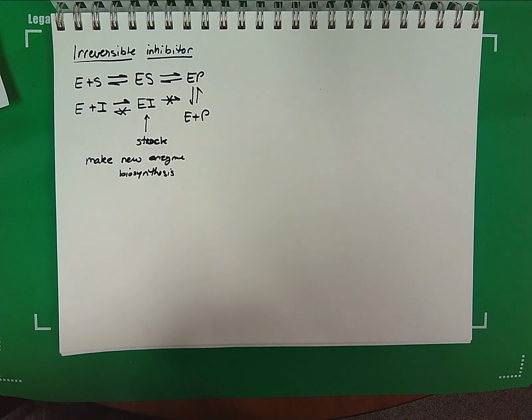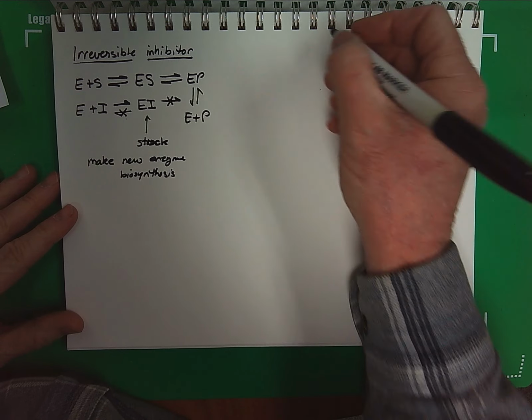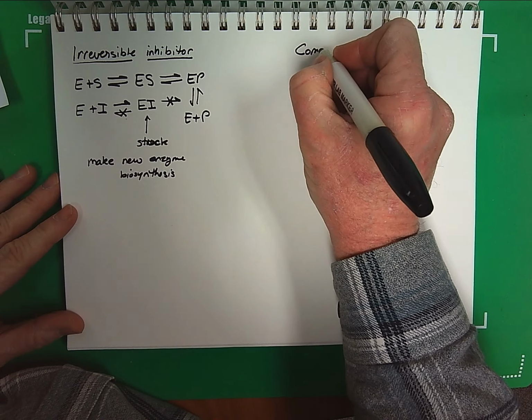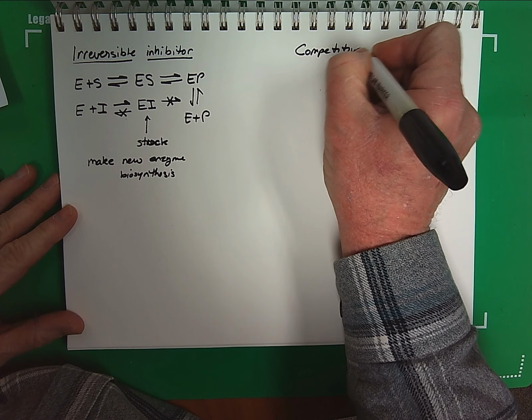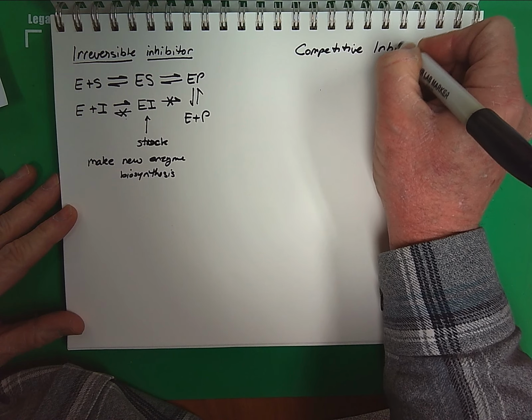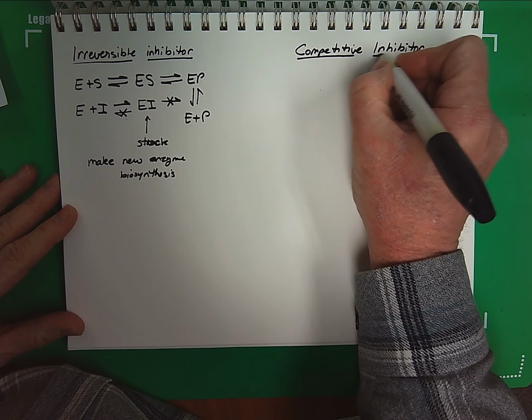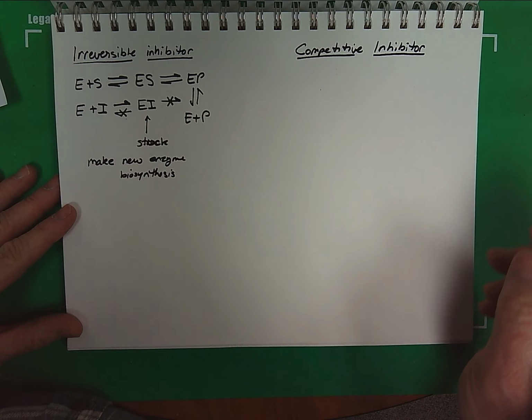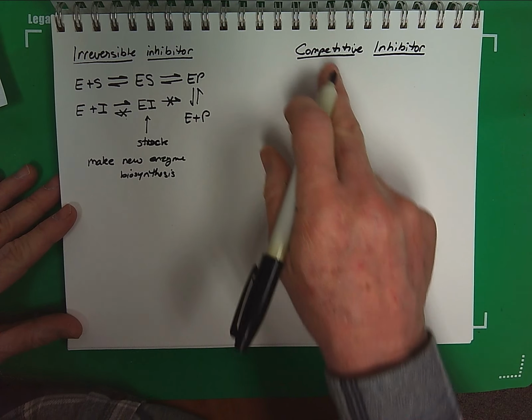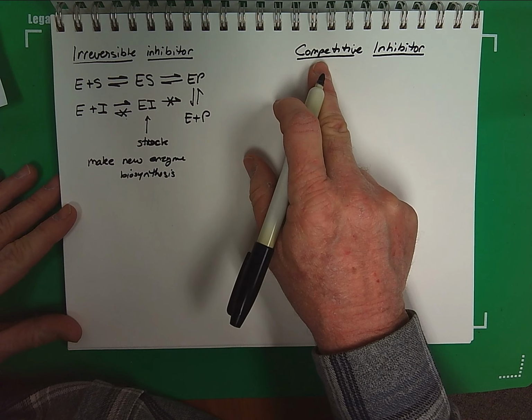Okay, the next type of inhibitor is called a competitive inhibitor. Now, a competitive inhibitor is exactly what it's described as.